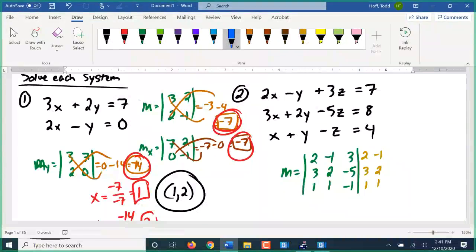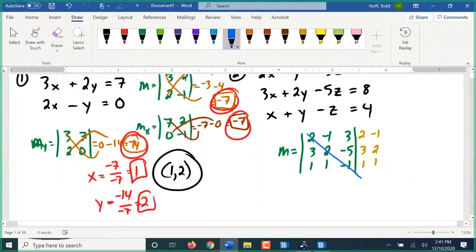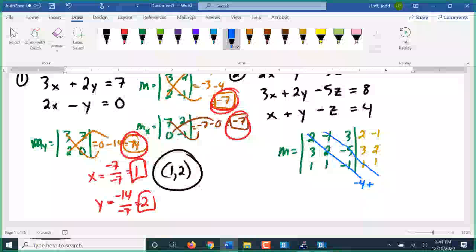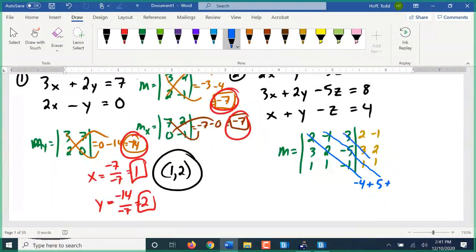Doing our down diagonals. 2 times 2 is 4, times negative 1 is negative 4, plus negative 1 times negative 5 is 5, times 1 is 5, plus 3 times 3 is 9, times 1 is 9, giving us 10 for the down diagonal product.